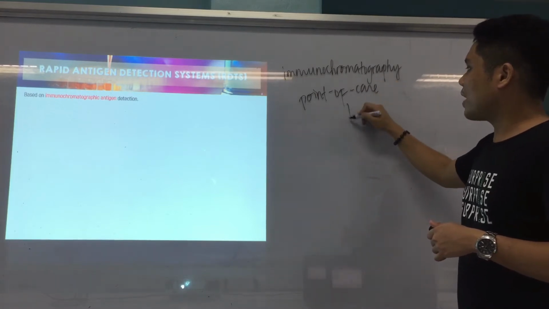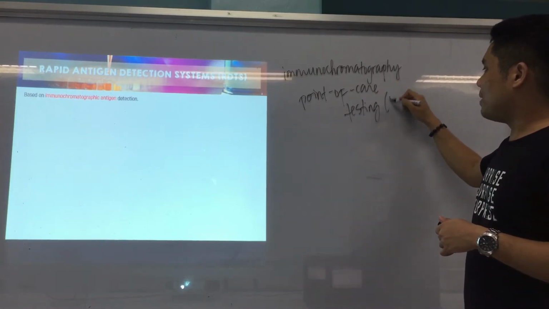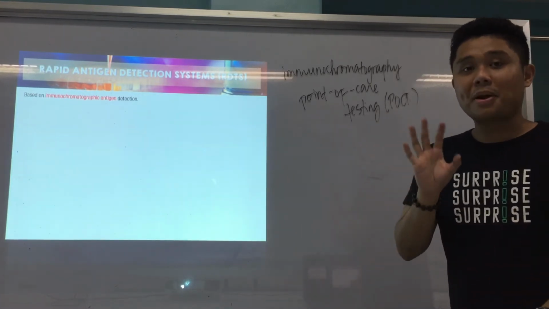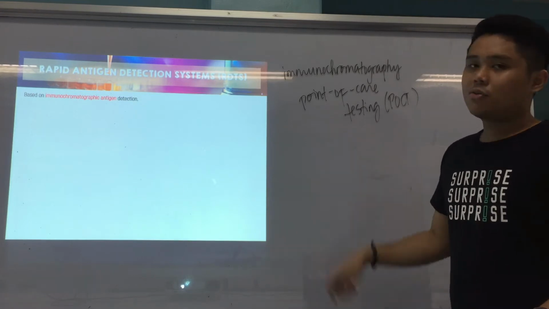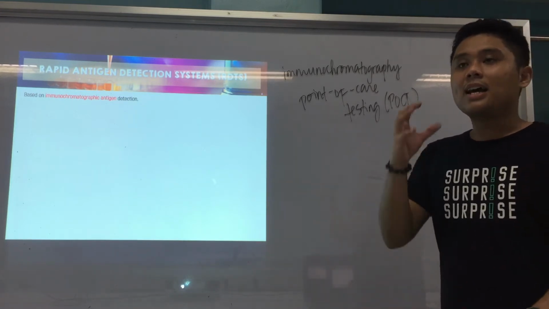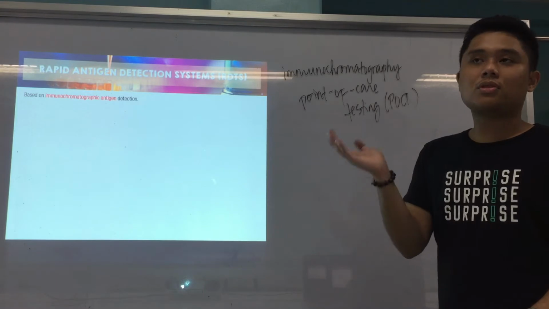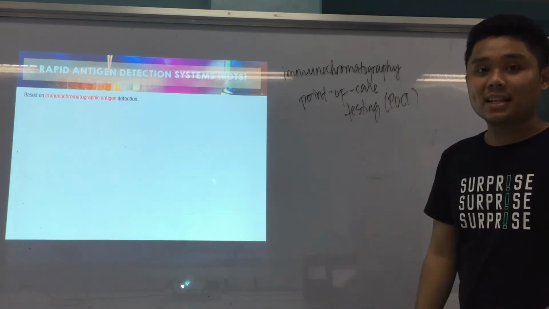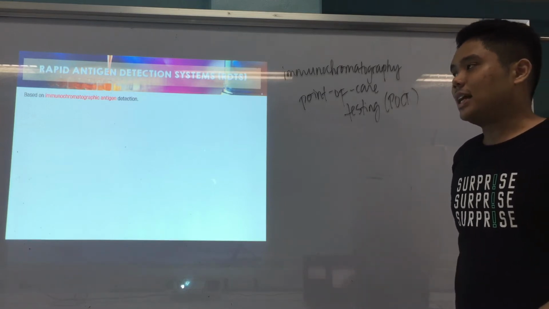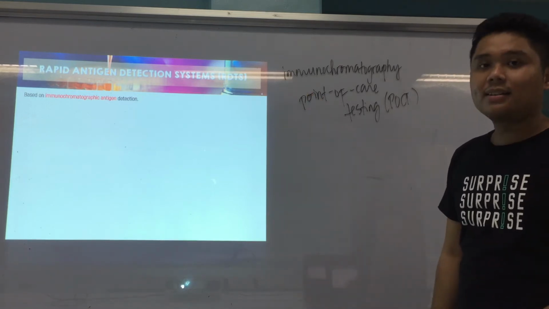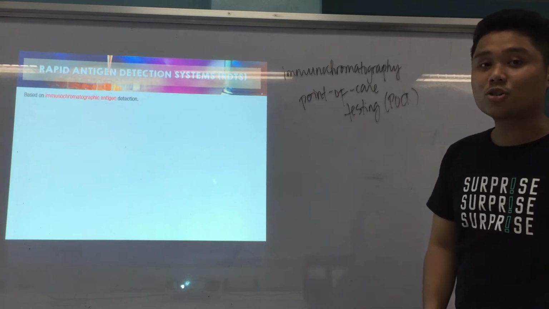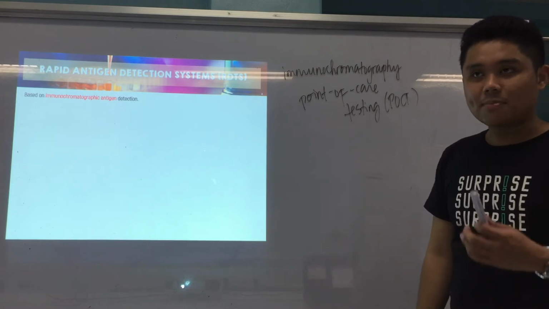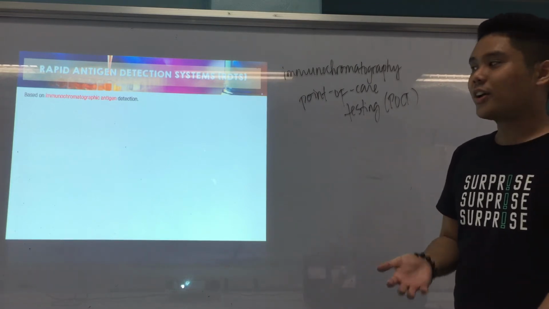Point of care testing means outside the lab, in homes, where people aside from lab personnel can perform the tests. These are your rapid antigen, or antibody, rapid detection test systems, RDTs. Again, immunochromatography, a type of immunoassay.